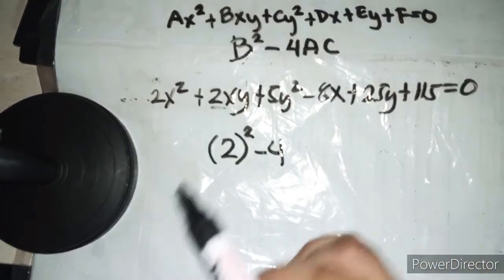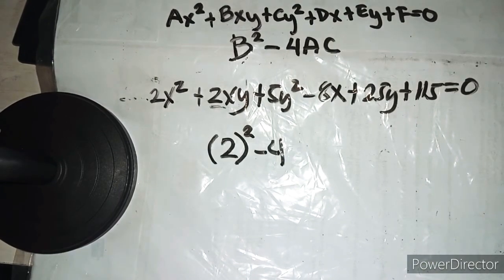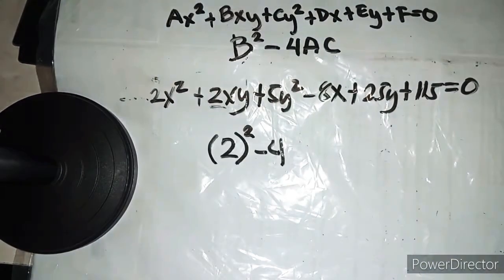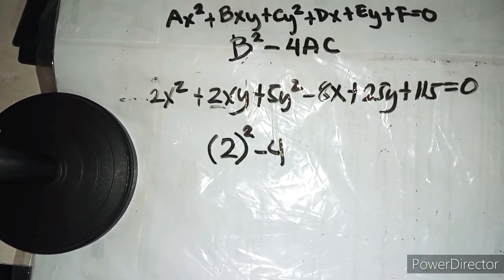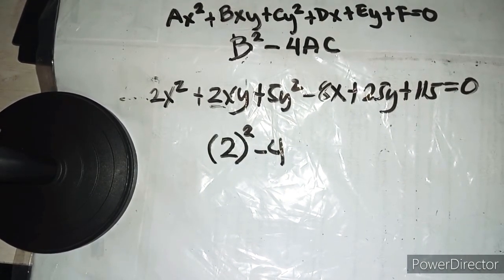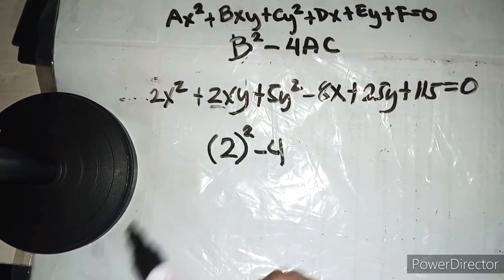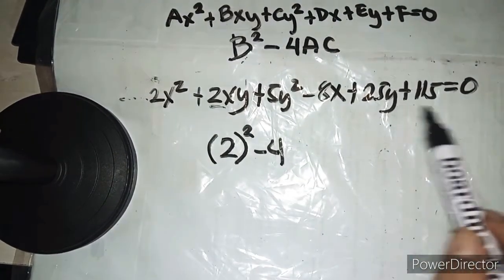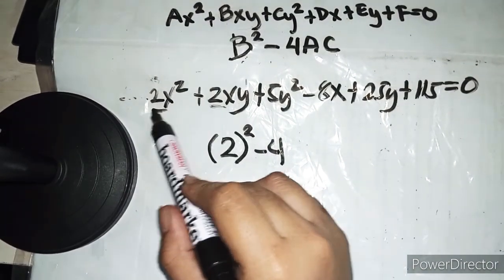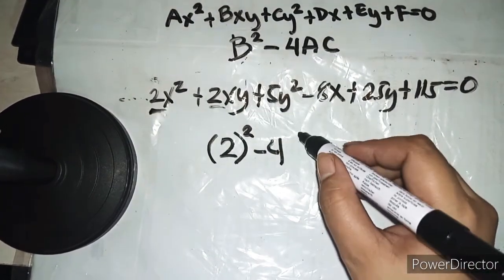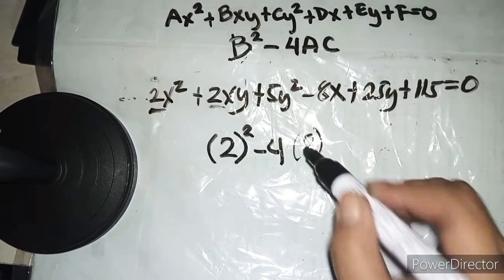Then let's find the value of a. Let's check here in our general equation. So we have ax squared. So the coefficient of a here in our given equation is positive 2. So let's rewrite it here.